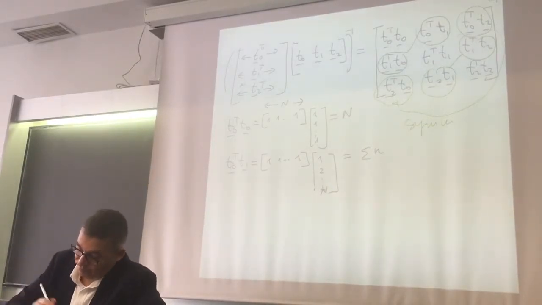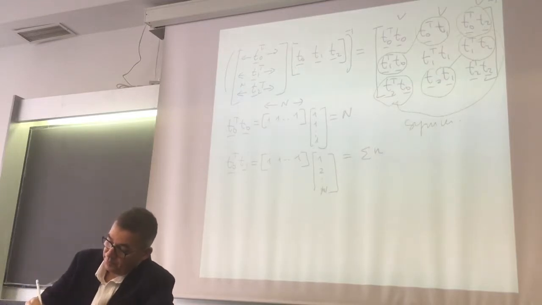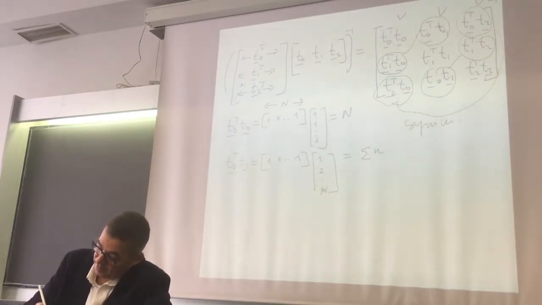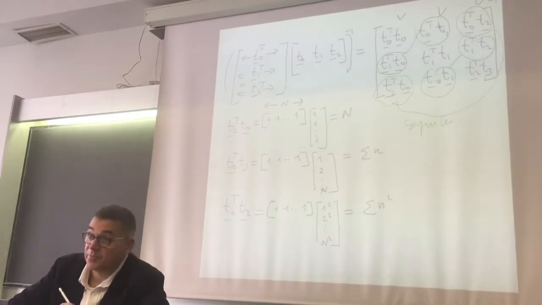Now, okay, so I have done this. I will do that, T0 transpose T2. It is 1, 1, 1 multiplied by 1 square, 2 square, n square, and that is equal to the sum of n square.